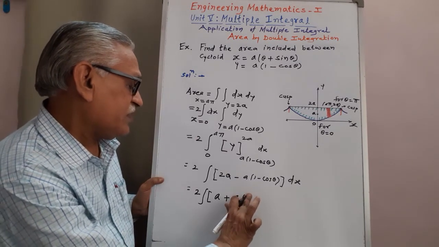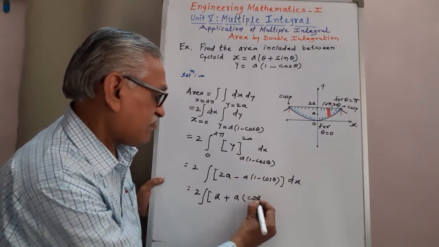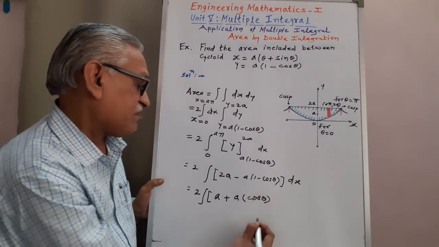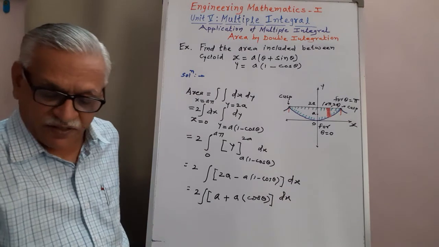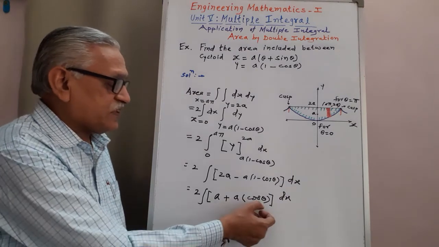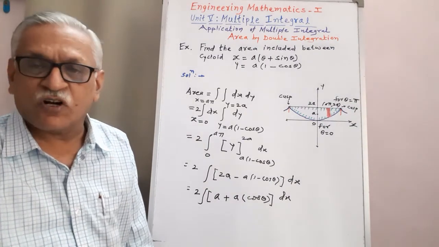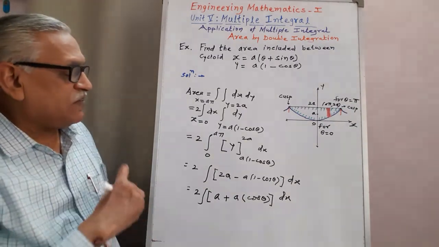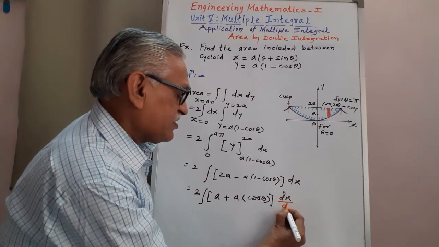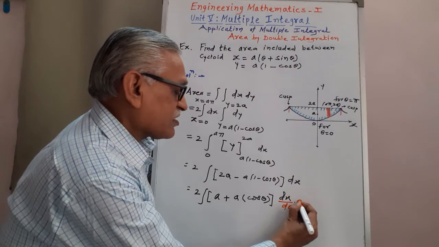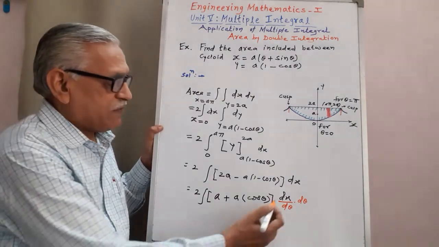Then we have to integrate it with respect to x. Here we are getting a function of theta, and integrating it with respect to x is not possible. Therefore, we rewrite this as dx by d theta into d theta. Only the form is changing.